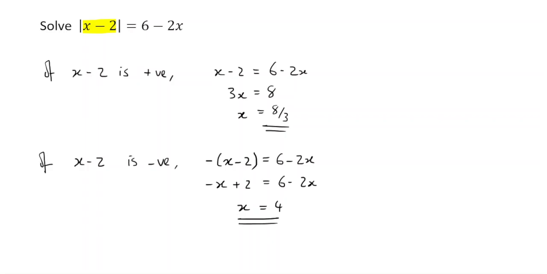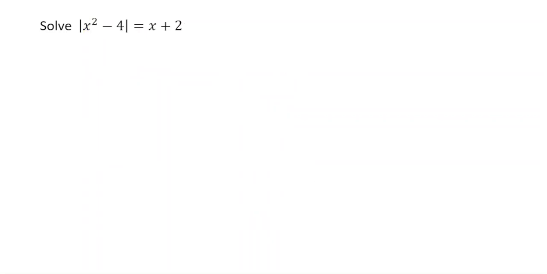Okay, let's do the last one. Okay, so here we've got the modulus of x squared minus 4 is equal to x plus 2. Again, what's the method? We look at this value here inside the modulus, and we recognize we've got two outcomes, right? We've got the outcome if x squared minus 4 is positive, and we've also got the solution if x squared minus 4 is negative.